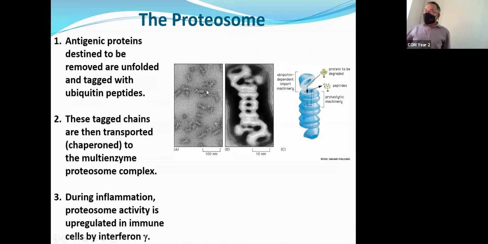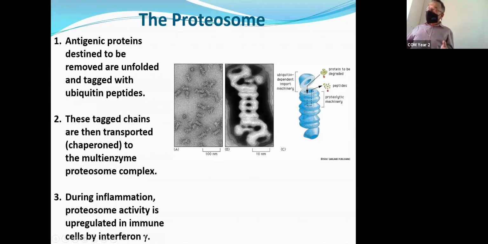This is an EM picture showing these proteasomes. As you can see, it looks like a cylinder. As these proteins destined for degradation are passed through, they're chopped up into the individual peptides. And during an inflammatory response, when you get cytokines stimulating macrophages and dendritic cells, it induces the cells to make more of these proteasomes.